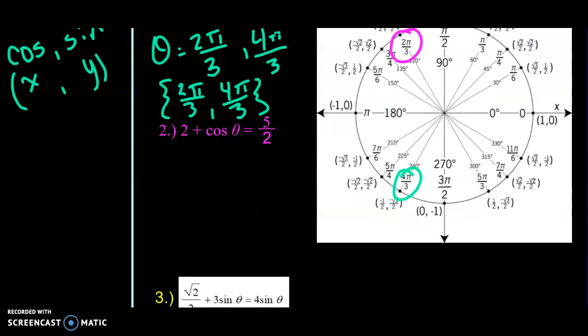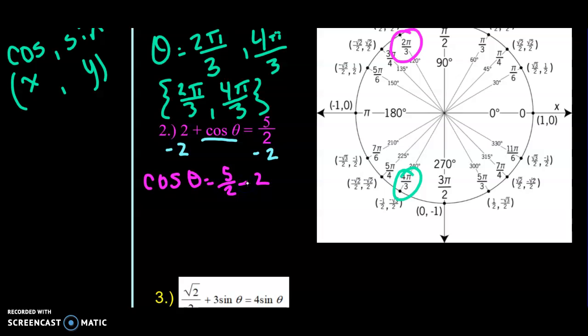Example 2. Now we have 2 plus cosine theta equals 5/2. The first thing is to leave cosine by itself, right? So what would I do in this case? Minus 2. So then I have cosine theta equals 5/2 minus 2.